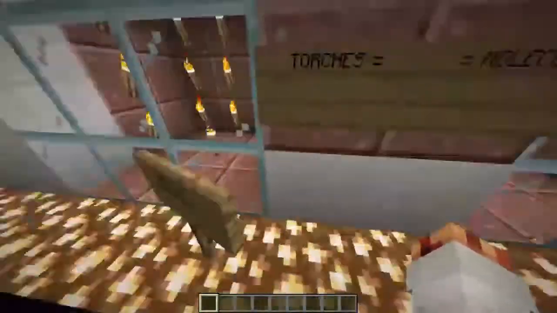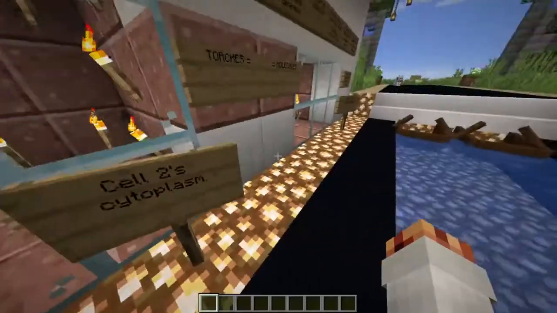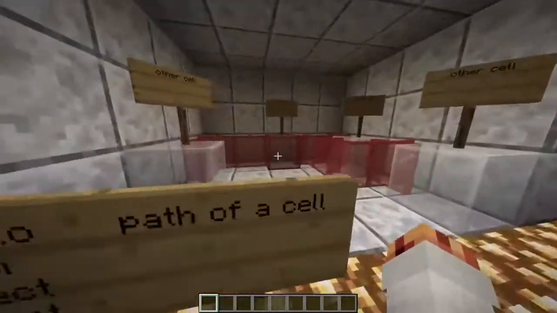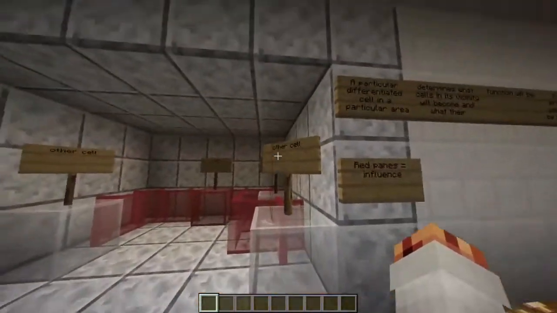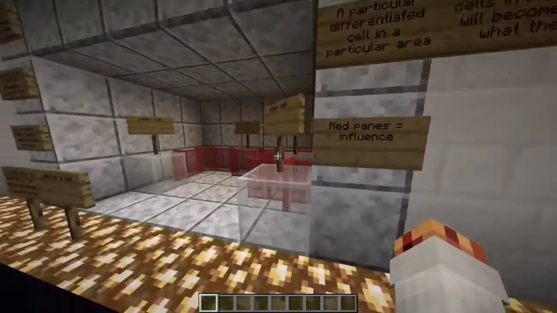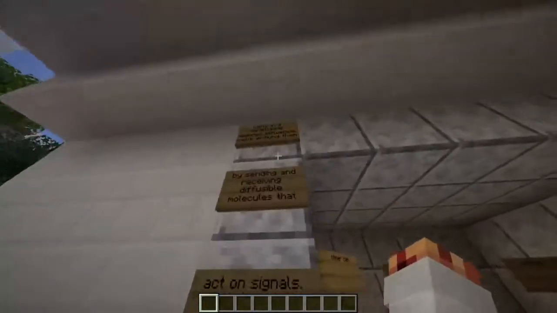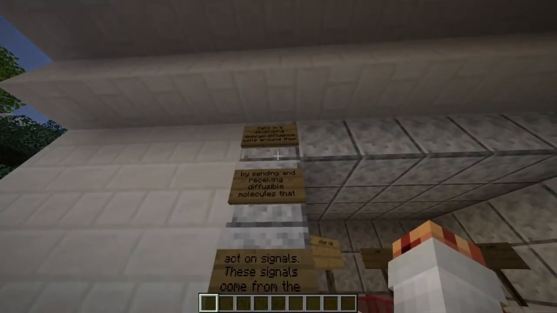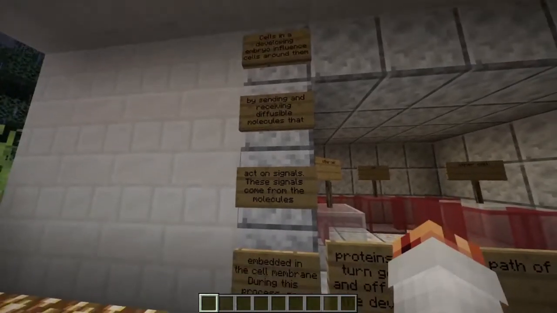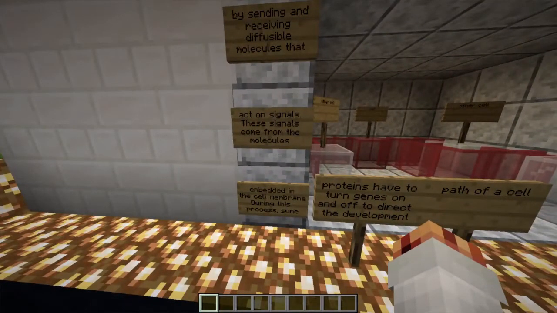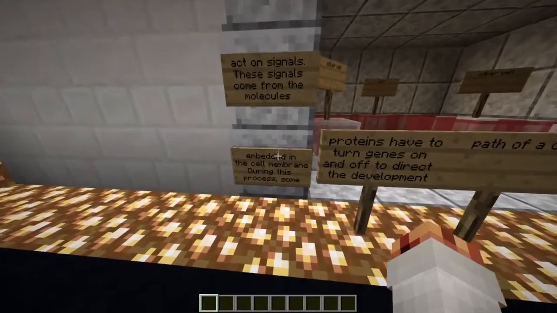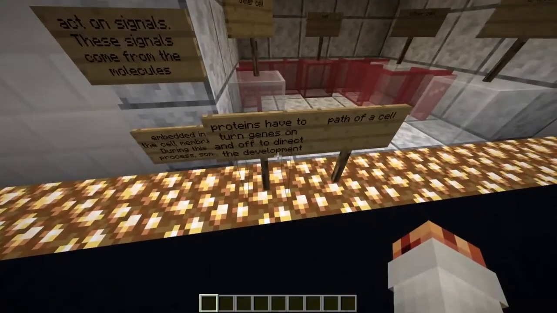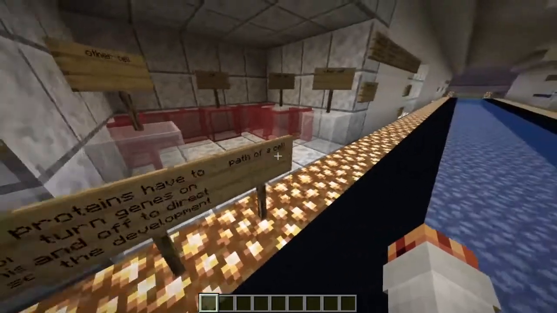Moving on to the next diagram, where differentiated cells in certain areas will have an effect on others in their vicinity to be similar to them. Cells in a developing embryo influence cells around them by sending and receiving diffusible molecules that act as signals. These signals come from molecules embedded in the cell membrane. During this process, some proteins have to turn genes on and off to direct the development path of a cell.